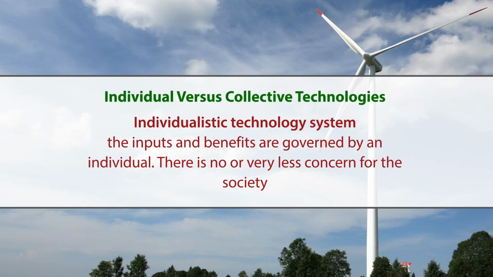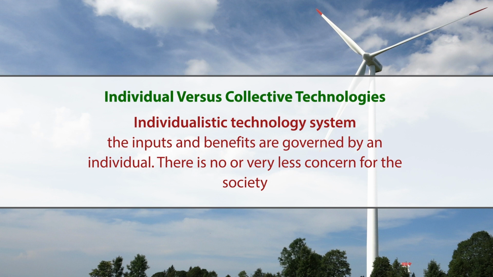For example, we as an individual, for our household, we can have a groundwater pumping system, and we can own it privately, but we are tapping a natural resource which is a common resource for everybody. Okay, but here the benefit is for an individual, so we would call it an individual technology.